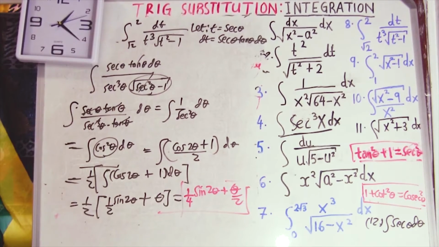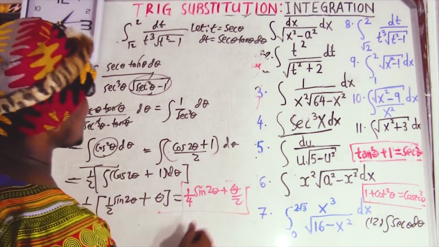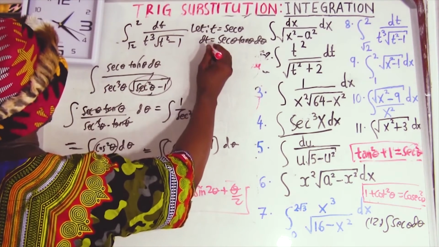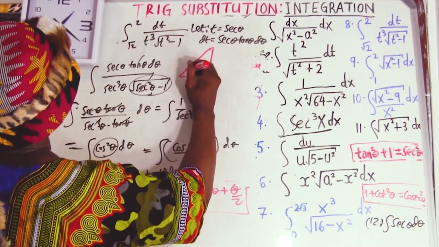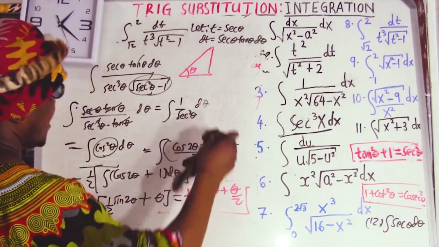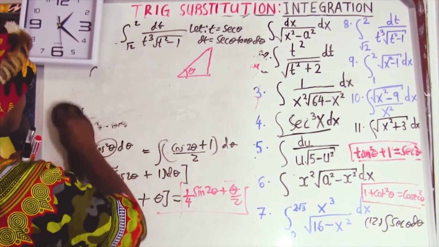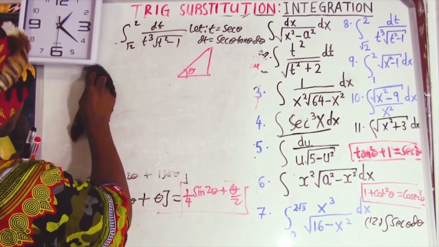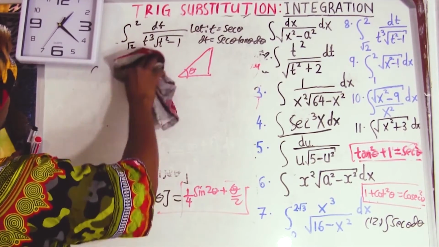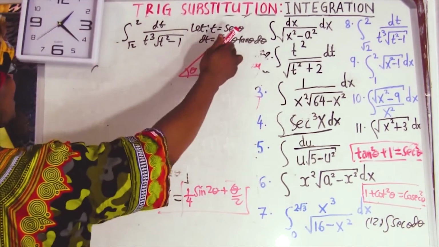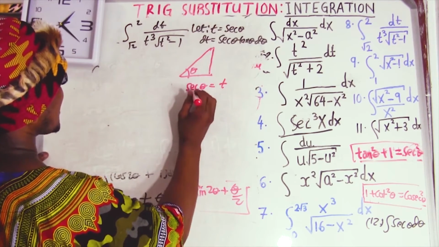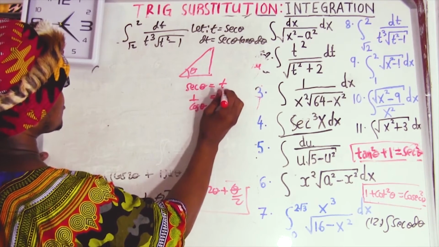It's not done yet, because the question did not give us the answer in terms of theta, they gave us t. So we have to replace this with t, just like how we did before, using a small triangle. This is theta, and they gave us sec theta equal to t. But sec is 1 over cos, so 1 over cos equal to t.